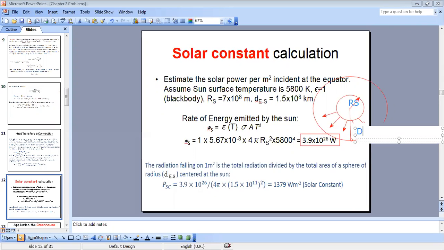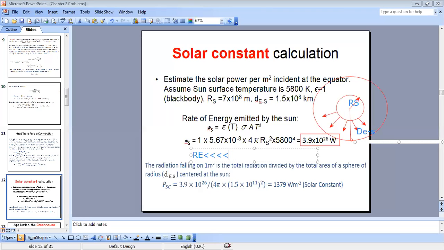Now, it's true that I am interested in finding this full intensity at the equator level, but you know that the radius of the Earth is much smaller compared to the distance between the Earth and the sun.